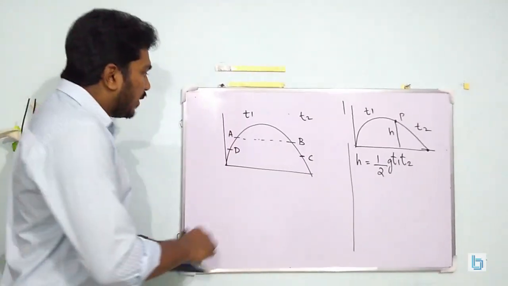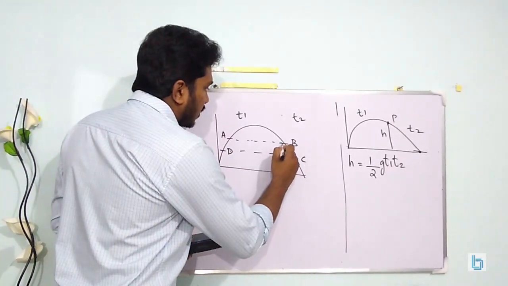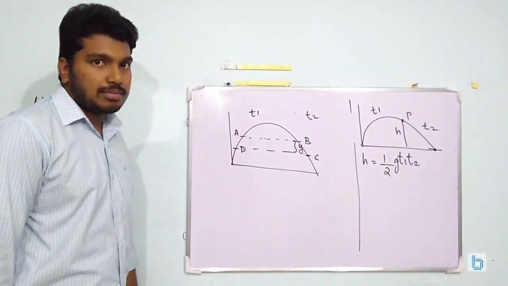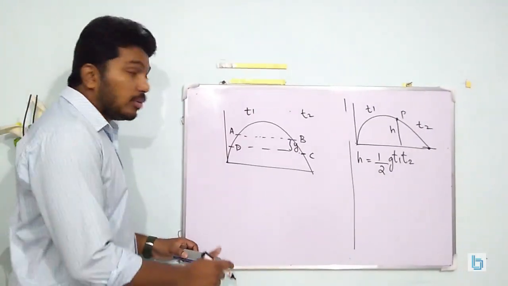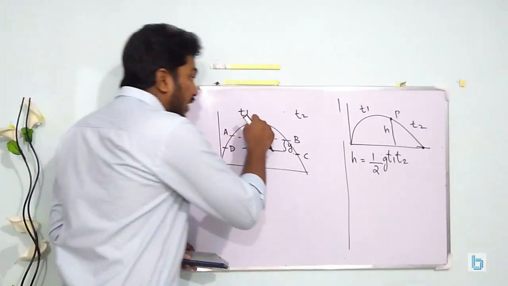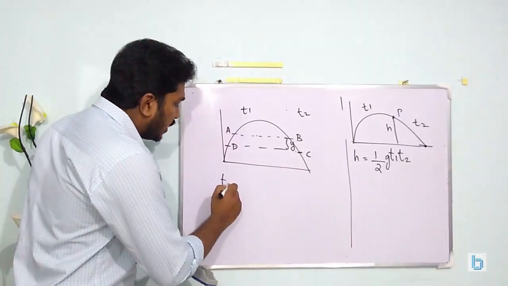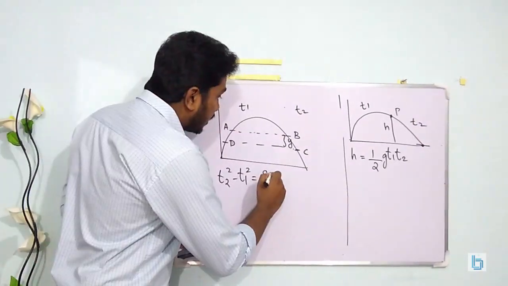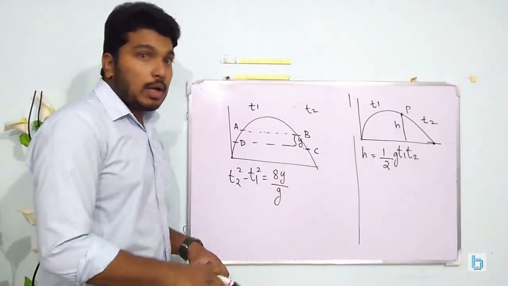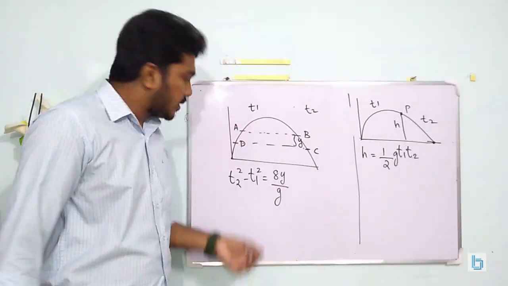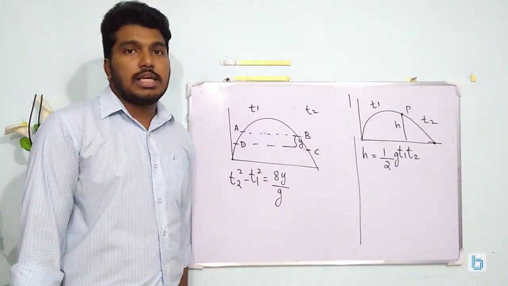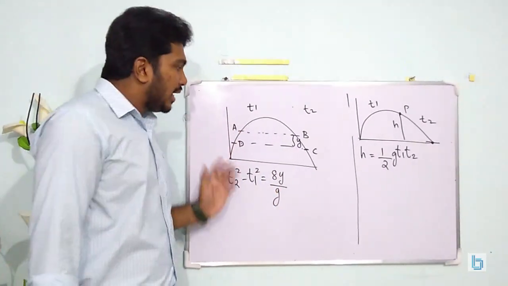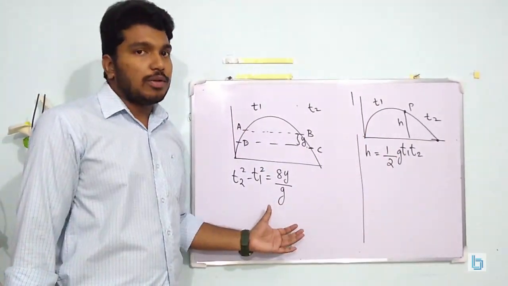Now we can determine the height difference y based on this condition. In terms of the times t1 and t2, t2 square minus t1 square is equal to 8y by g, where y is the vertical distance between these two points. You should remember these equations along with the standard time of flight equation, very very important.